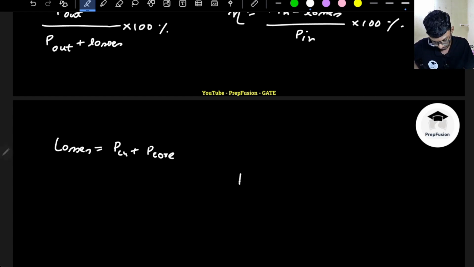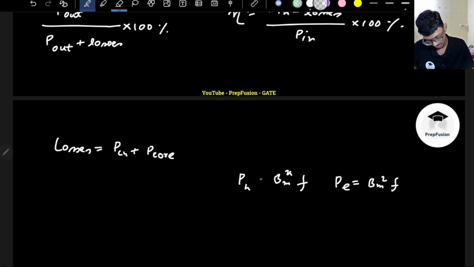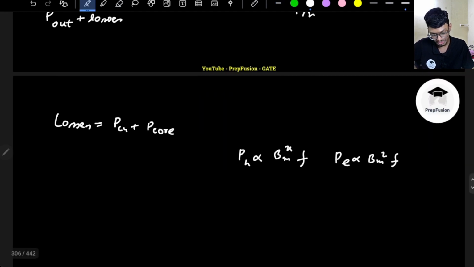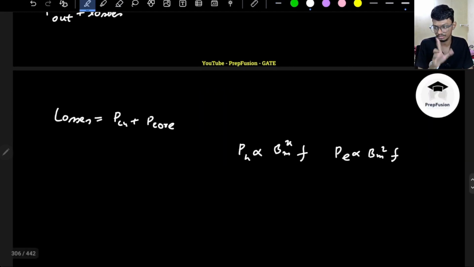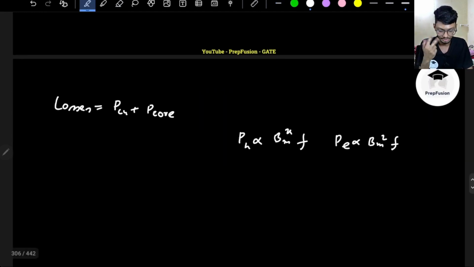If you remember, hysteresis loss was dependent on the maximum flux, that is Bm raised to power x, and the frequency, and eddy current loss was dependent on Bm square and the frequency. So actually here there is no effect of current. It is not current dependent, because maximum flux in the core will be fixed when voltage and frequency are fixed.